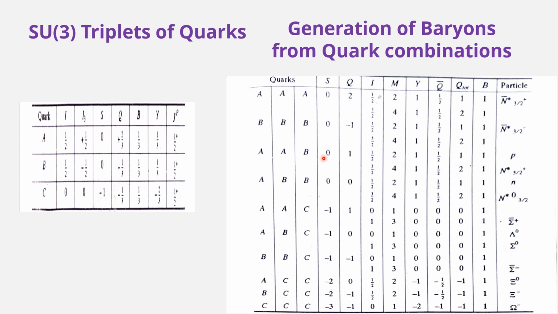For example, if you want to see the particle proton here, it consists of two A quarks and one B quark, and therefore the corresponding components of isospin and everything are depicted in this table.